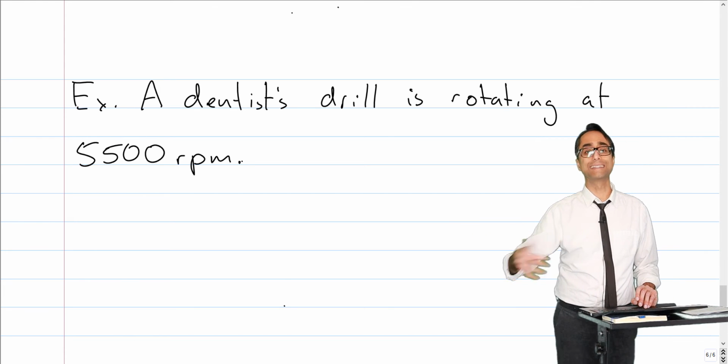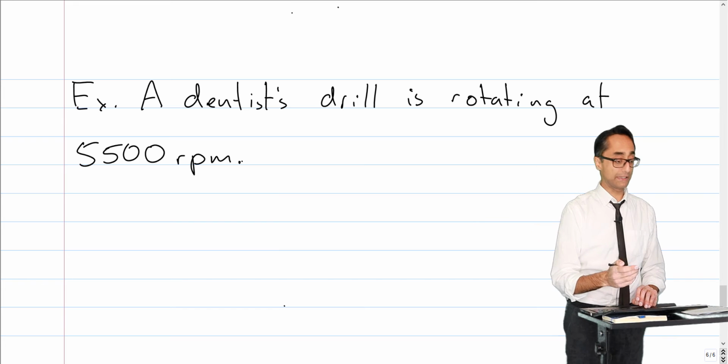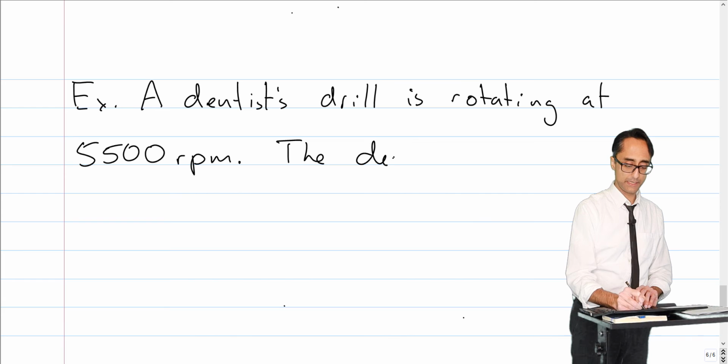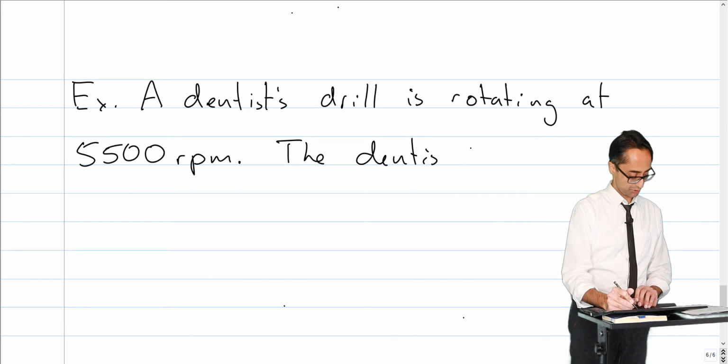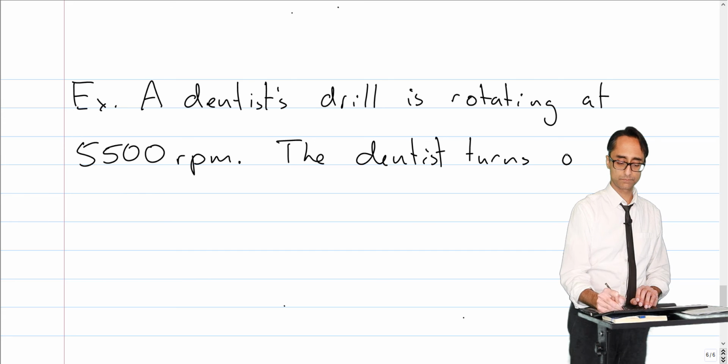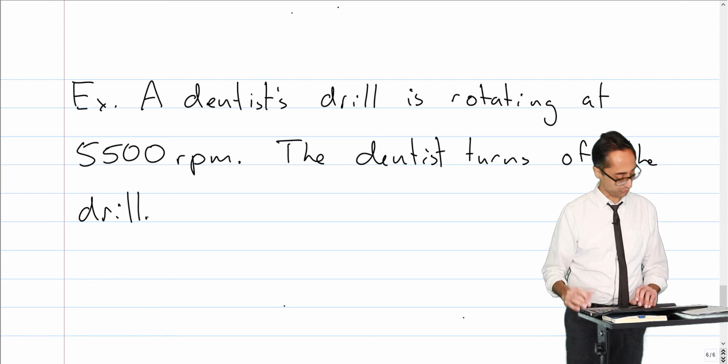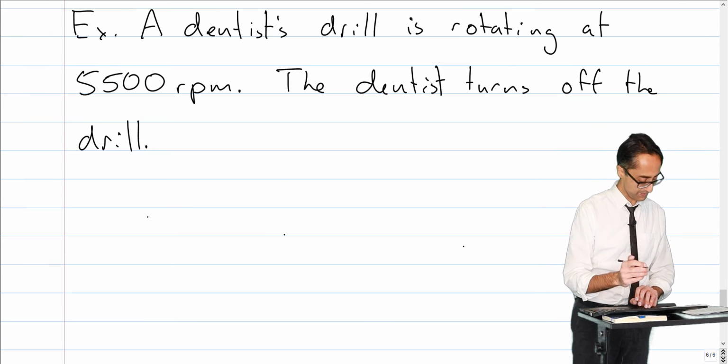So we're giving our units in revolutions per minute. Let's say the dentist is done drilling and turns off the drill. Now, it doesn't instantly come to a stop. It takes some time.